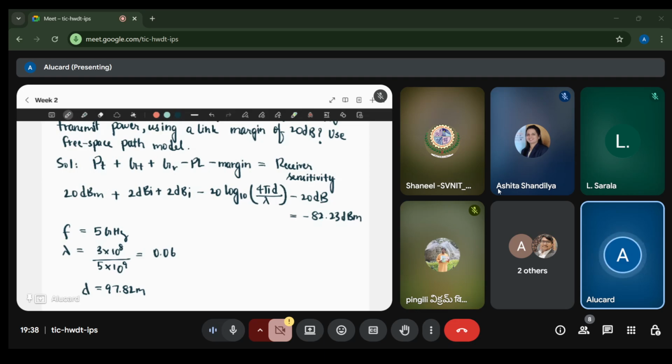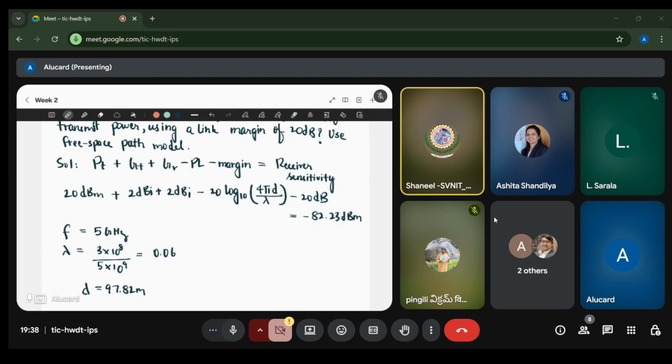Yeah, maybe I'll just not give you the numbers, I'll give you the method and then you can plug it in from the next question.